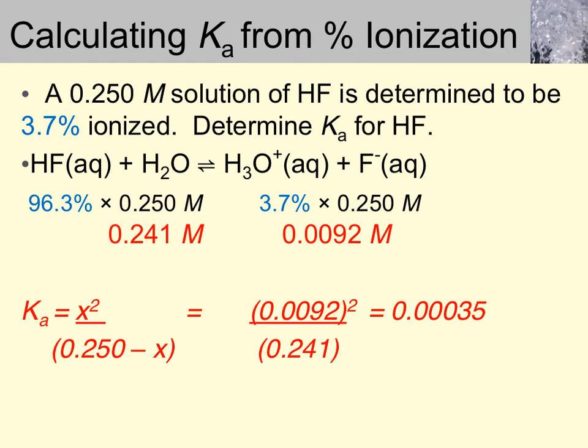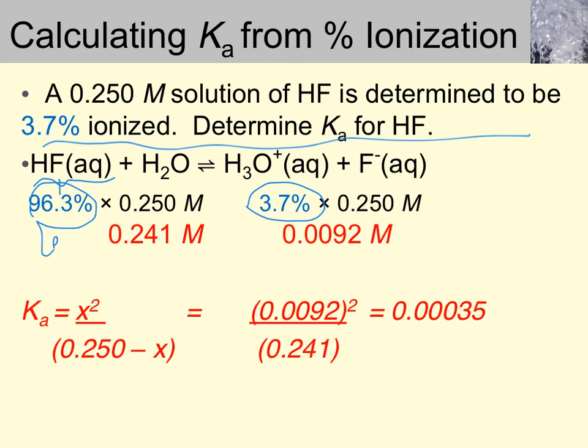Another way to work this problem, and perhaps an easier way, so it's the same problem up here, but rather than go through the process of plugging into the percent ionization formula, you can realize that if the original weak acid has ionized by 3.7%, that means that 96.3% of the original acid is left at equilibrium.